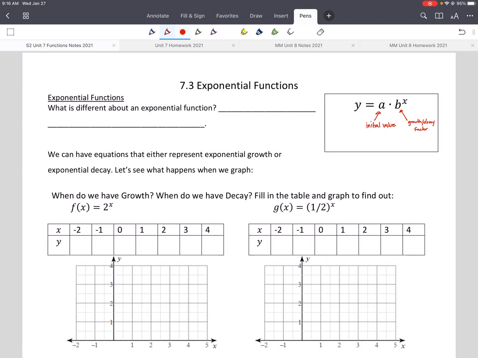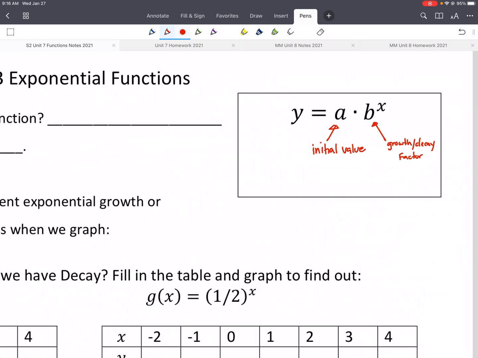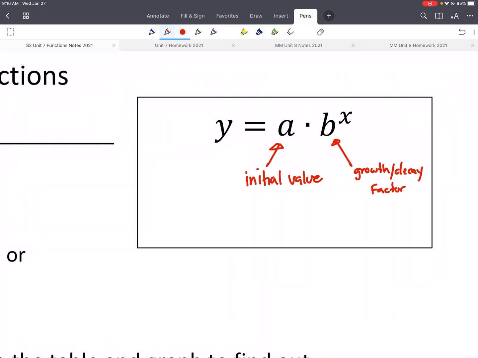Okay, so what is different about exponential functions? So one thing that you would maybe notice is that we have our variable, that is our exponent. Okay, typically our variable in other equations is our base. And we've talked about bases and exponents.